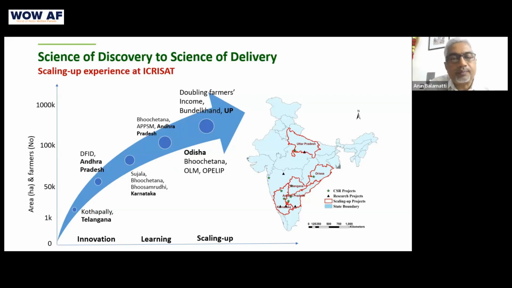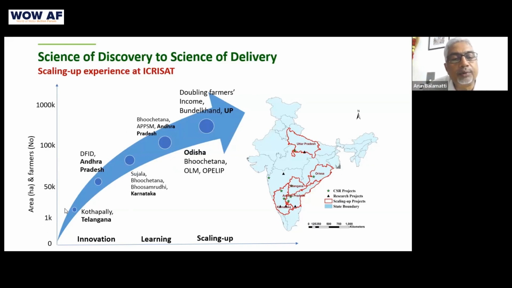And this is just an overview of how we have gone up from innovation in rainwater harvesting, learning from our own experiences and upscaling it to state levels. We have one of the longest running watershed projects in Kottapalli in Telangana, about 1 hour drive from the ICRISAT campus.